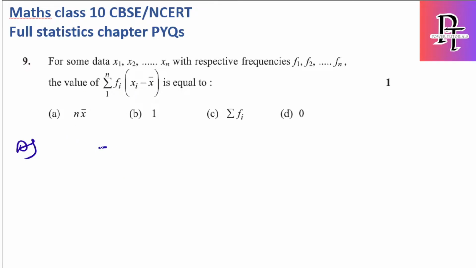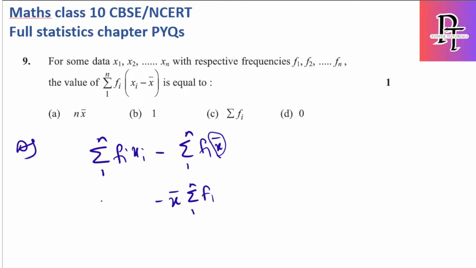If I break it, I get sigma 1 to n fi xi minus sigma 1 to n fi x bar. Here x bar is nothing but the mean, so it is common for all the values, and I can take it outside. This becomes x bar times sigma 1 to n fi, and the first term is sigma 1 to n fi xi.